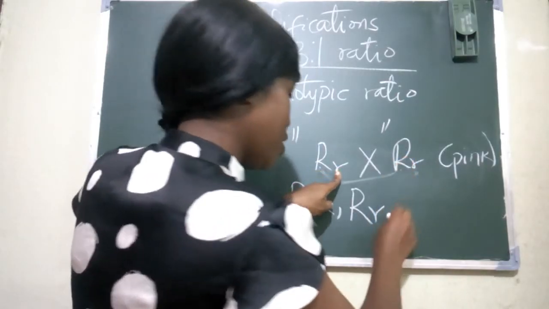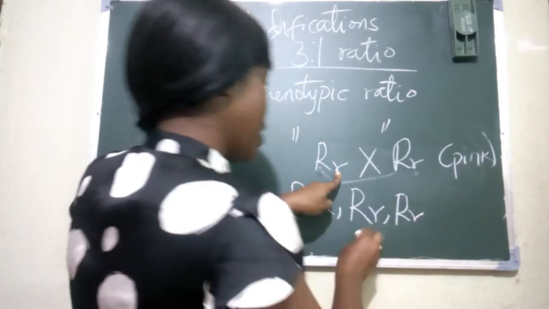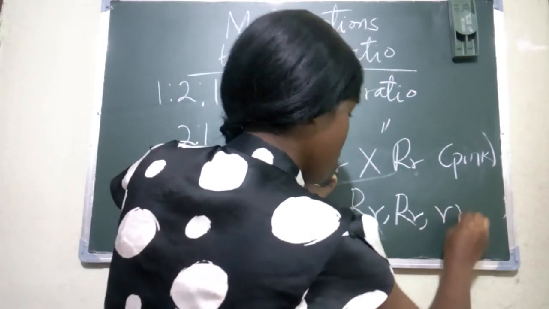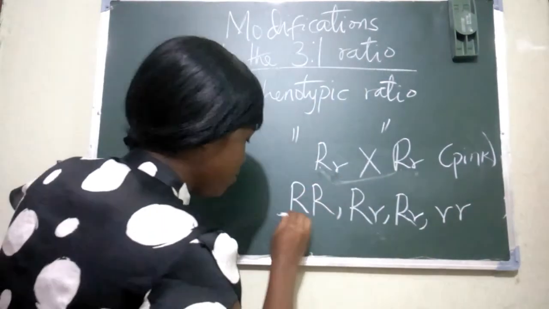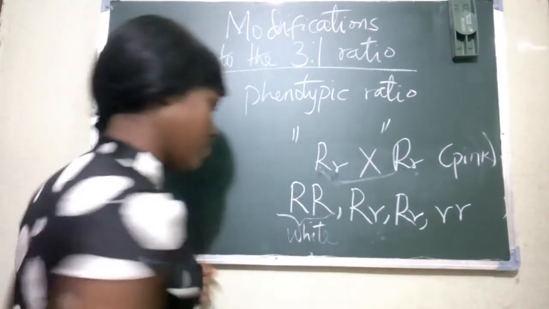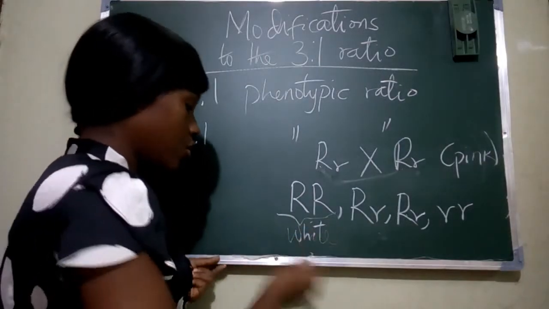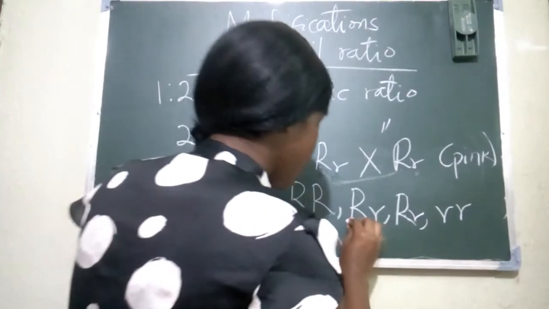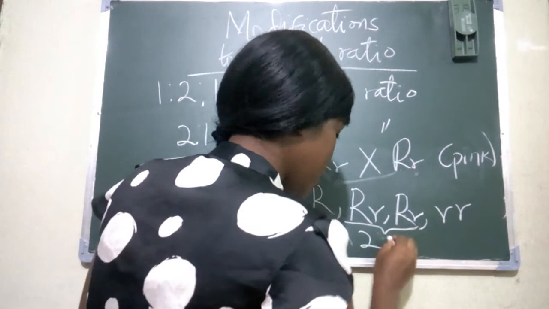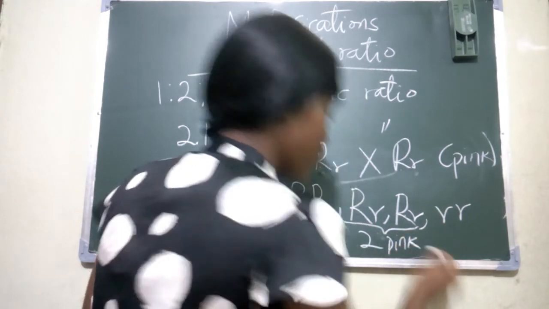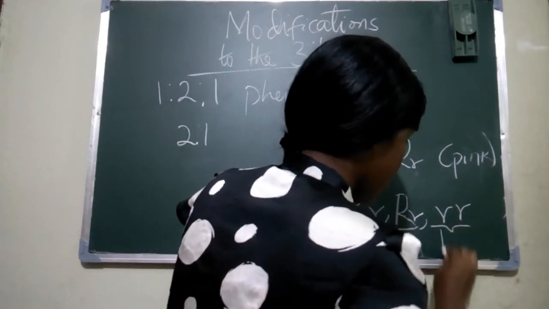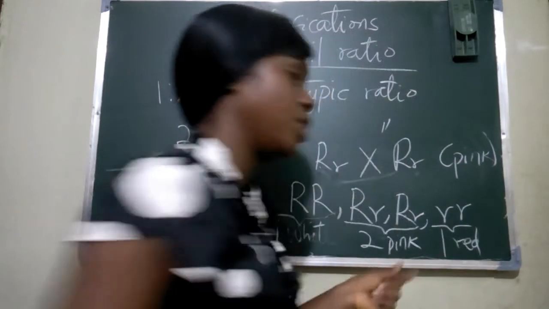This in combination with this gives you this. This in combination with this gives you this. And then this in combination with this will give you this. So here you have one white flowered pea plant, then two pink flowered pea plants, and then one red flowered pea plant.